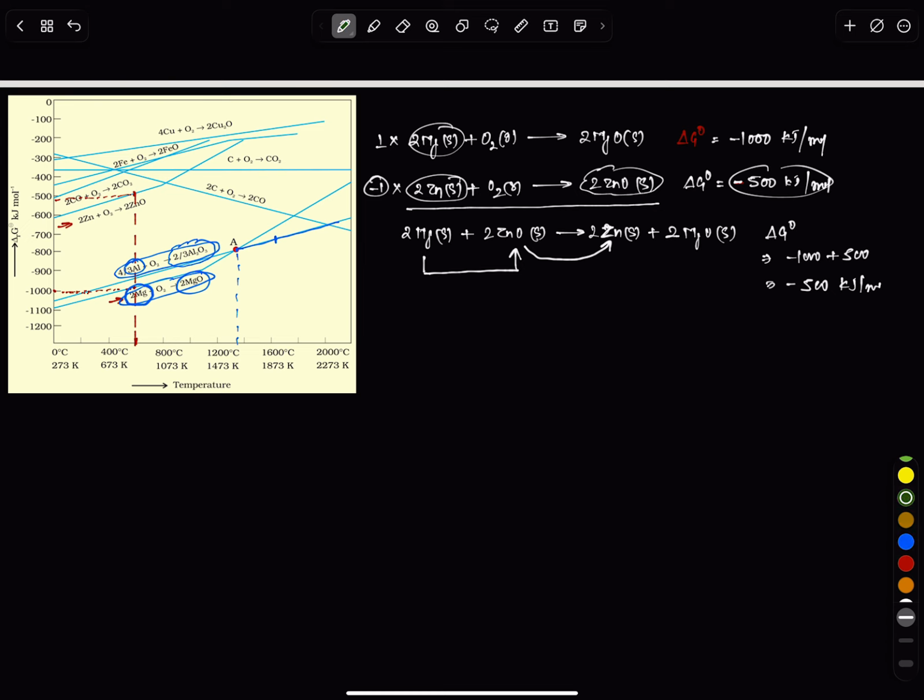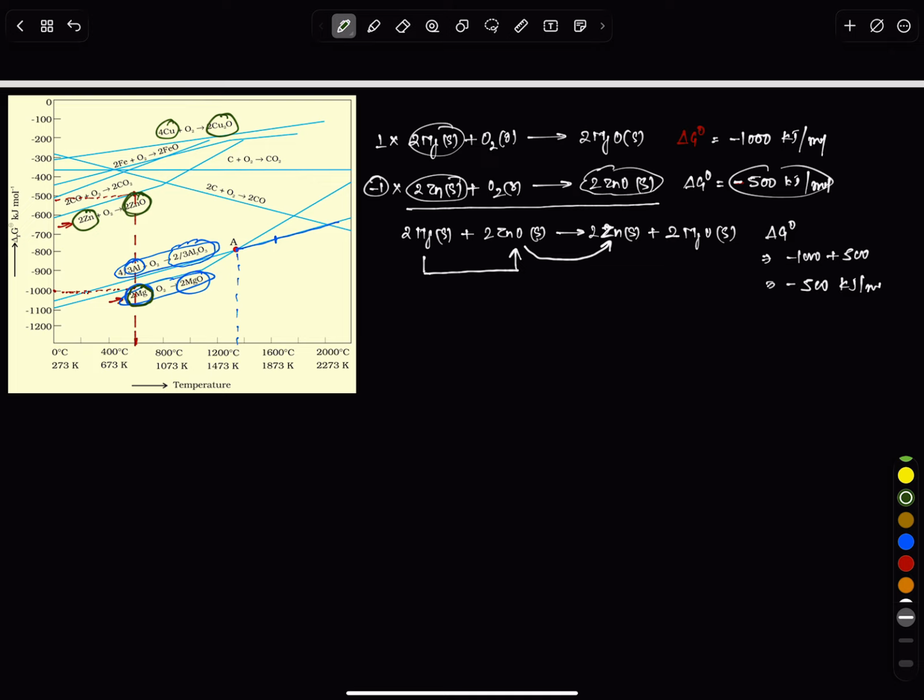Let's take one more example. Will magnesium be able to reduce zinc oxide? Yes, because magnesium is coming below this particular reaction. Will zinc be able to reduce CuO? Yes. But will copper be able to reduce zinc oxide?